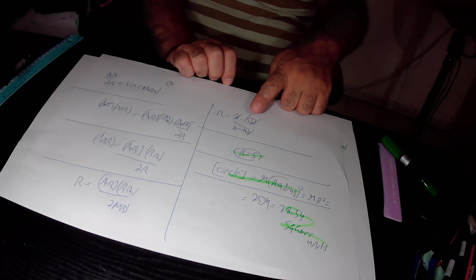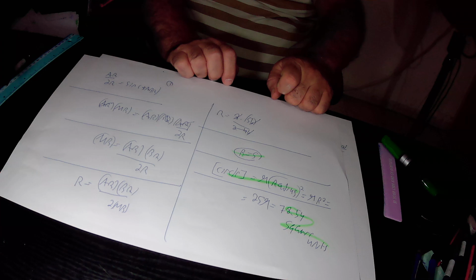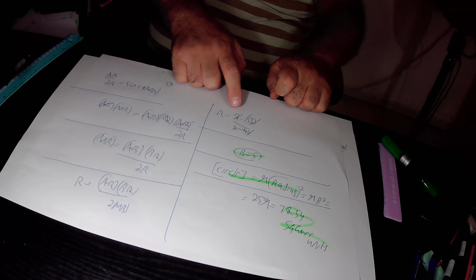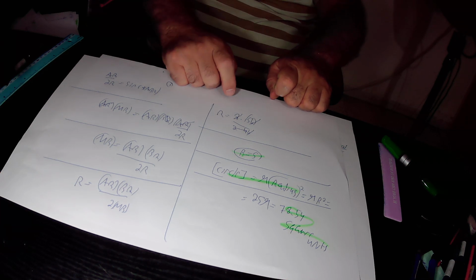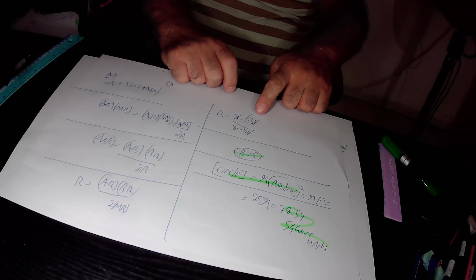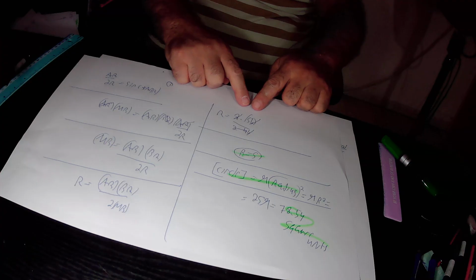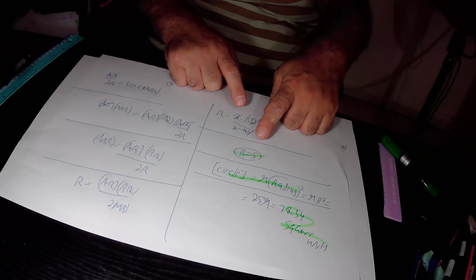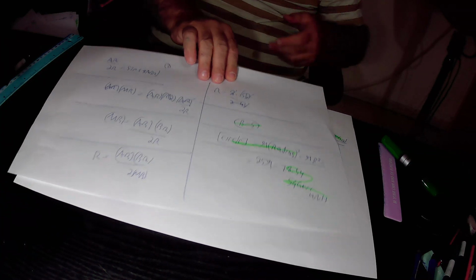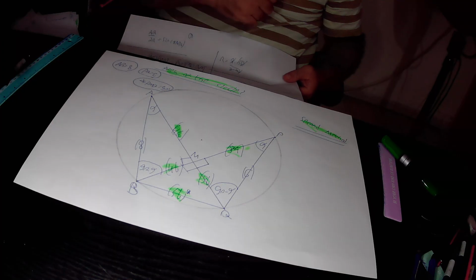In the denominator we have 2 times 4, that is 8, so 8 will be cancelled, and we have b over b, that is 1. So we are left only with 5, so R equals 5 units in length. The radius of this circle, R, equals 5 units.